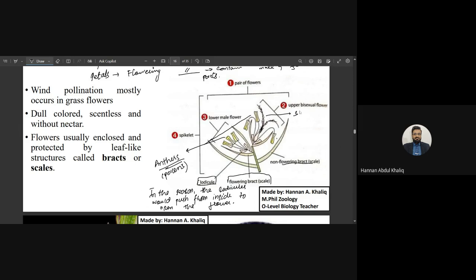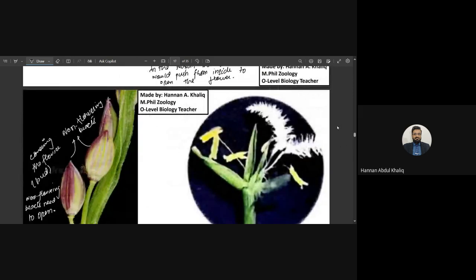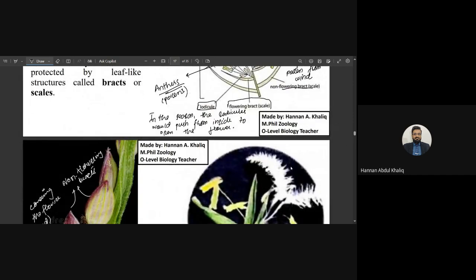These brushy parts are stigma, and they are there to trap the pollen from wind. So they are high in the air, and this is the brushy stigma you can see.